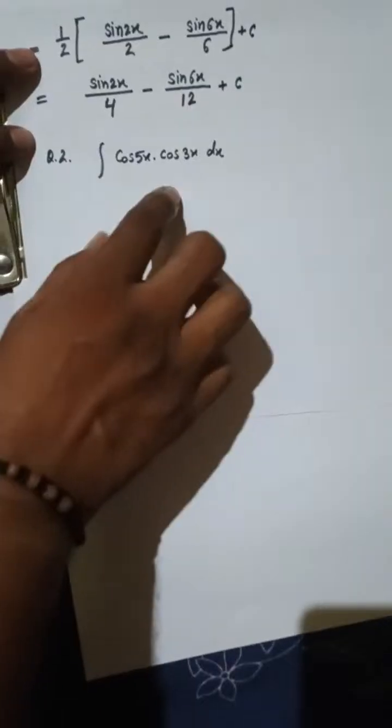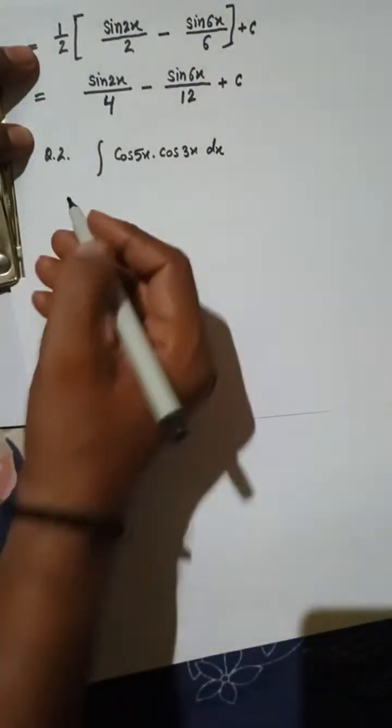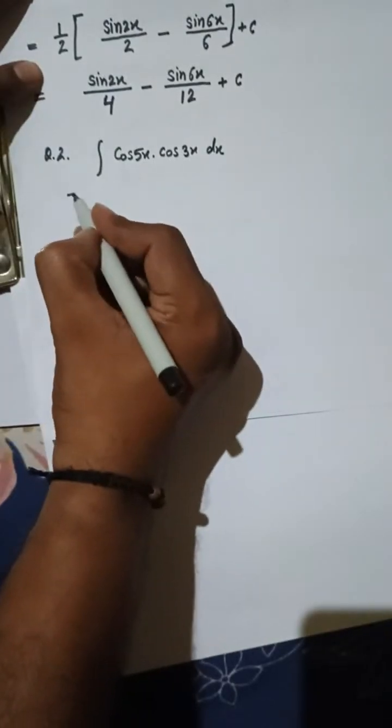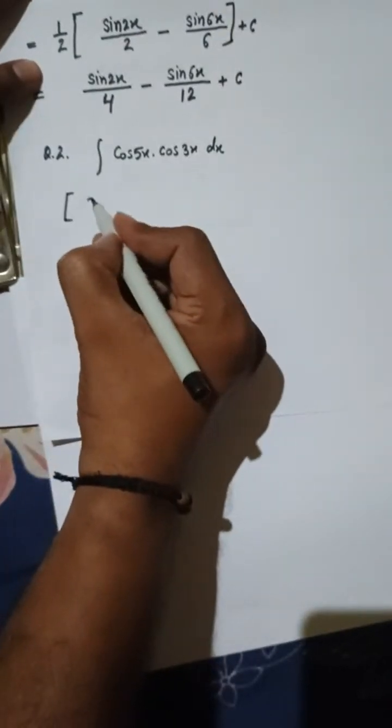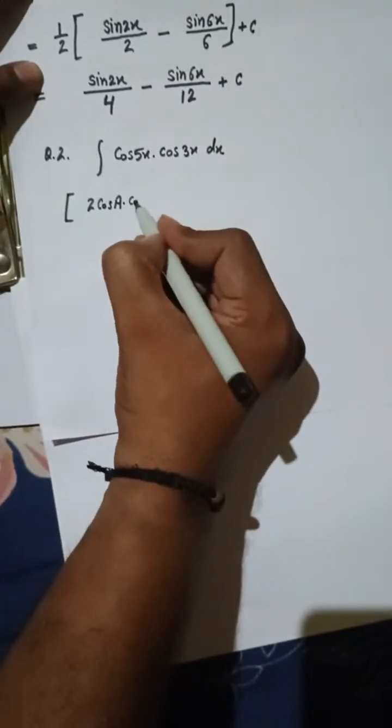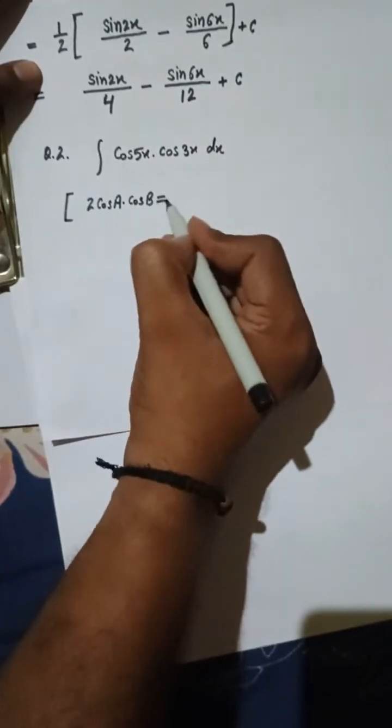But before solving this one, we should know one identity, one formula. Here I have this formula: 2 cos a into cos b. You need to know it, you should learn it by heart.